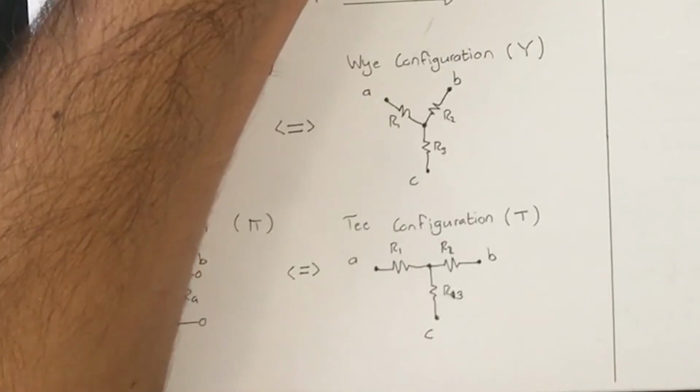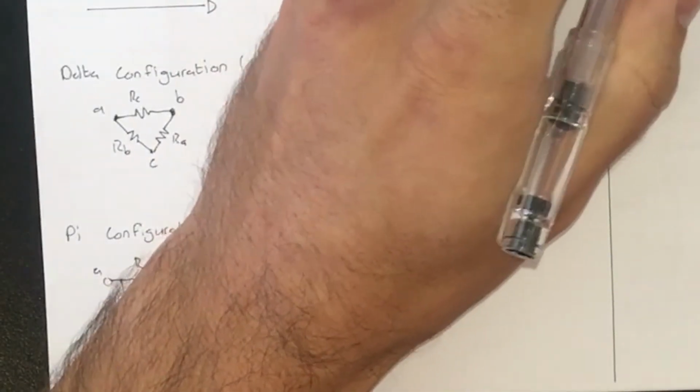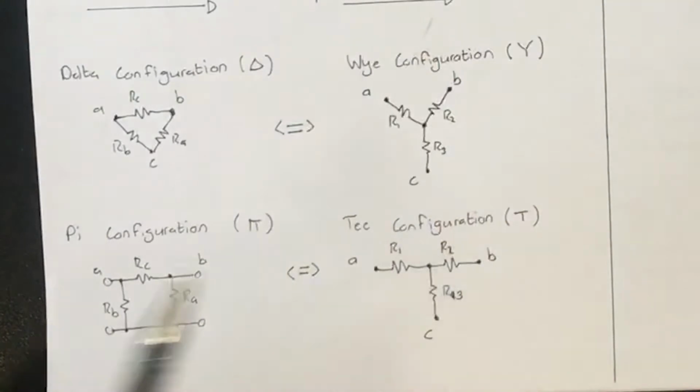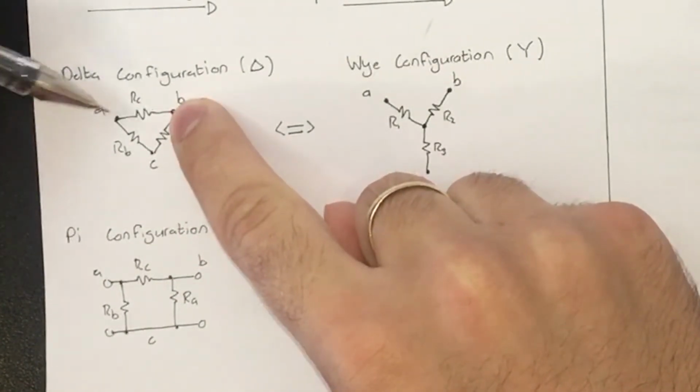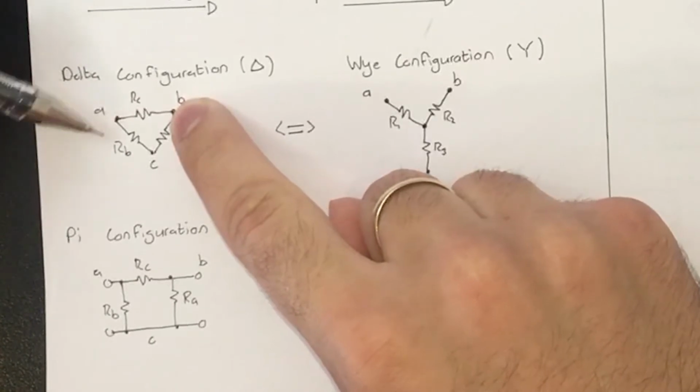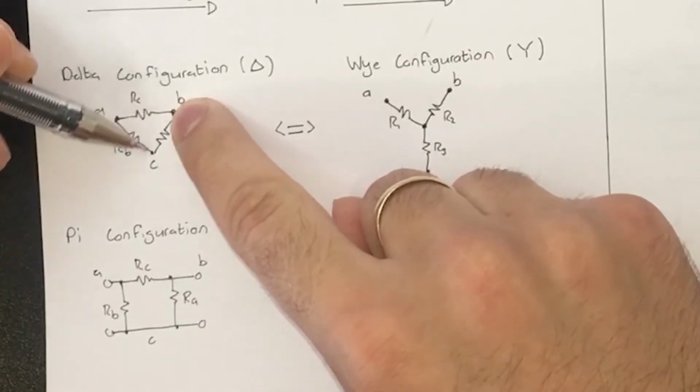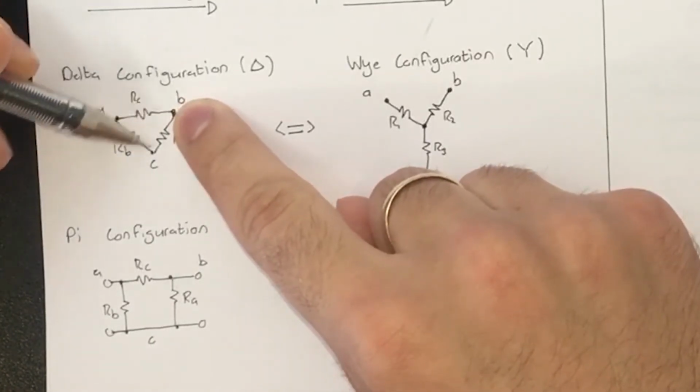So in the delta case, RAB is RB plus RC in parallel, RB plus RA in parallel with RC. So let's note, if we have these two nodes here, we have this resistor, RC, in parallel with the series combination of RB and RA.